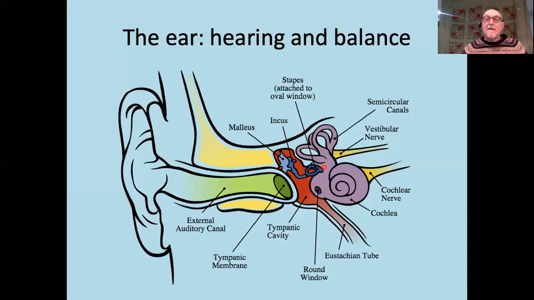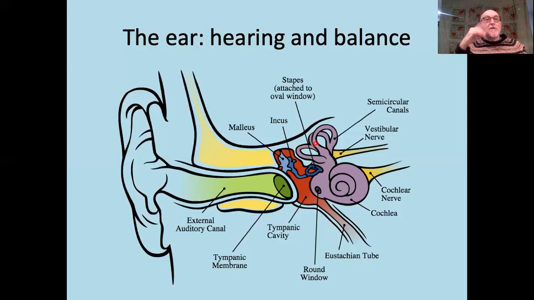The other part of the inner ear is this part here, which is responsible for our sense of balance. This consists of three semicircular canals. You can see them here. There's one in one plane, one at right angles to it, and one in the other dimension at right angles to it.